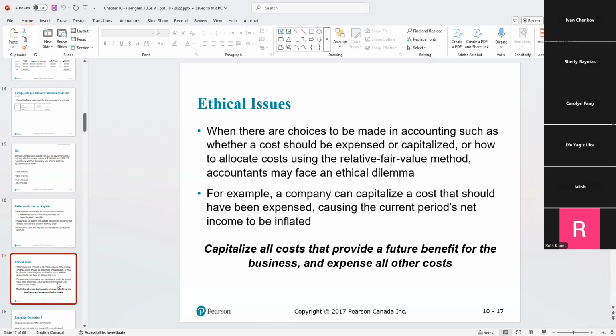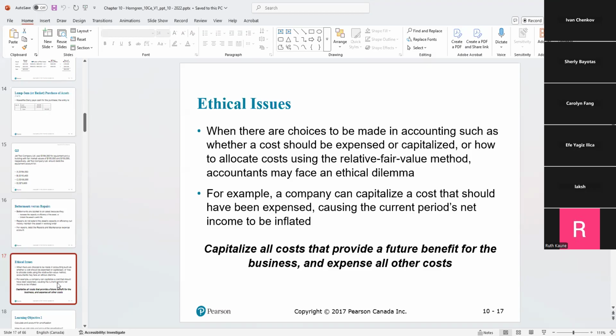What's going to happen when you expense it? It's going to reduce your income, but also it's going to reduce your taxes. So what shall we do? That's where you're going to be, and that's where the position will be, and you have to make that judgment call sometimes. Is it going to be a pure expense, or are you going to put it on the balance sheet?